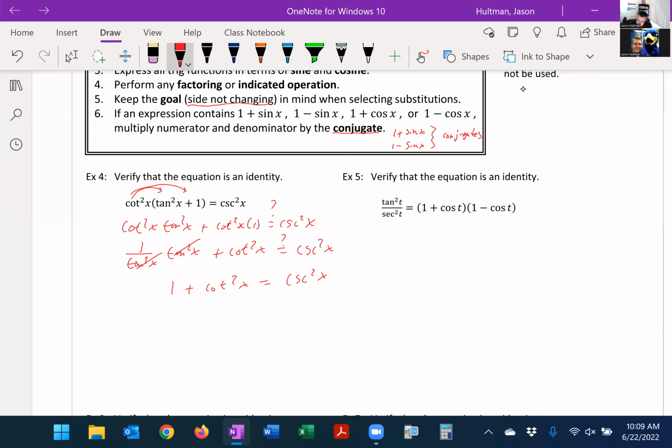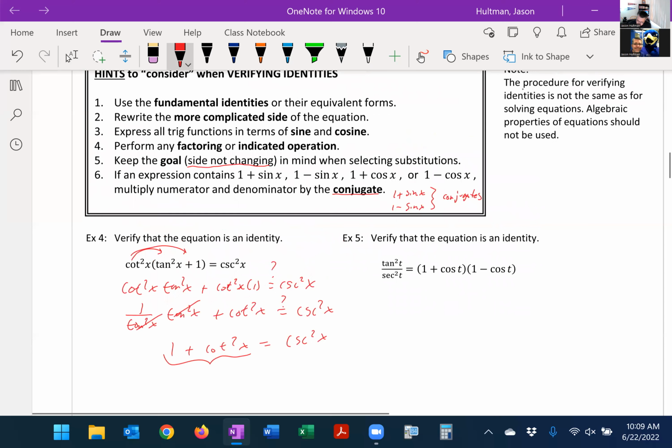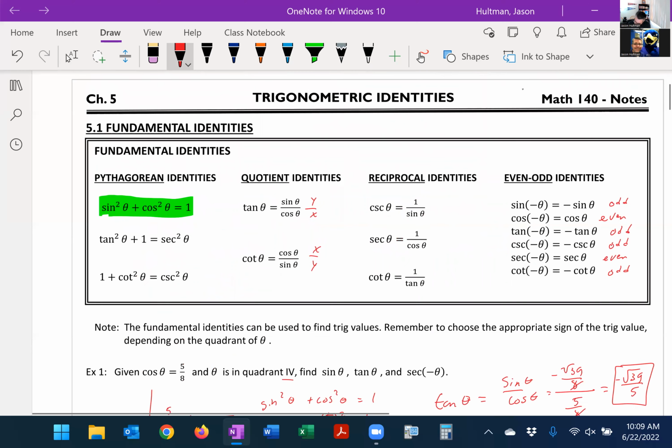And there is an identity that says 1 plus cotangent squared x equals cosecant squared x. We saw that in the previous section, 1 plus cotangent squared theta is equal to cosecant squared theta.